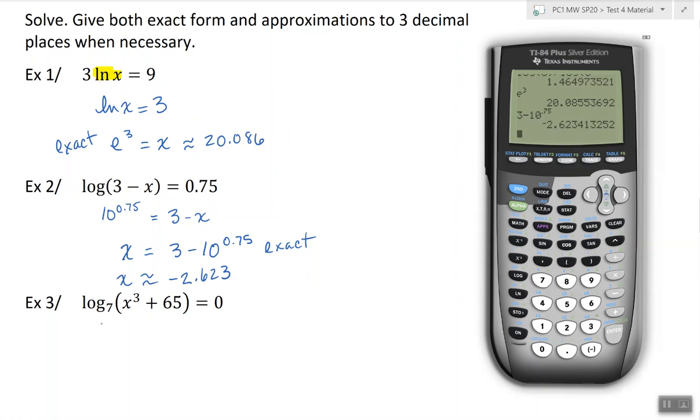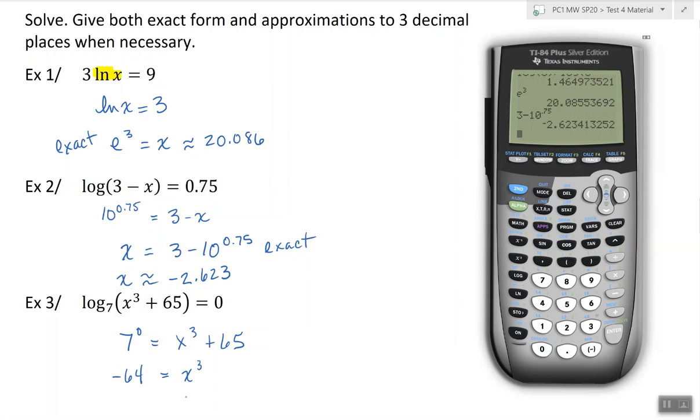Here again we have log base 7, and the log is isolated, so we're going to go ahead and change to our exponential form. So 7 to the 0 is x cubed plus 65. Now 7 to the 0 is 1. 1 minus the 65 is a negative 64. That is our x cubed.